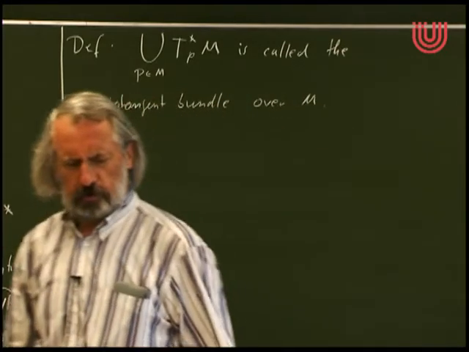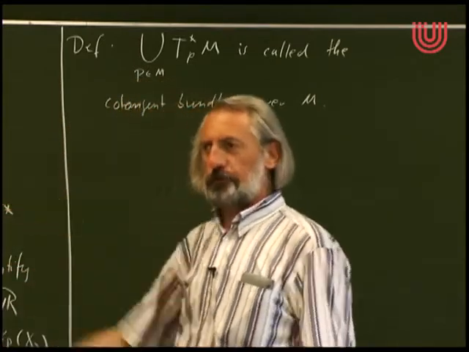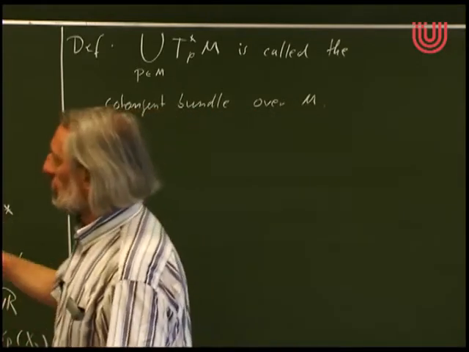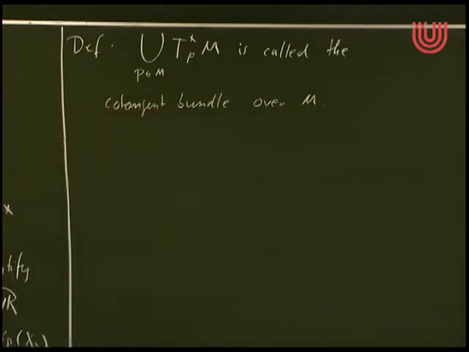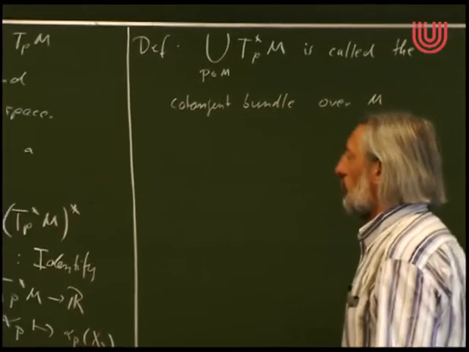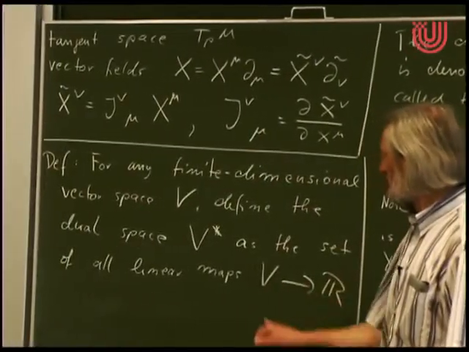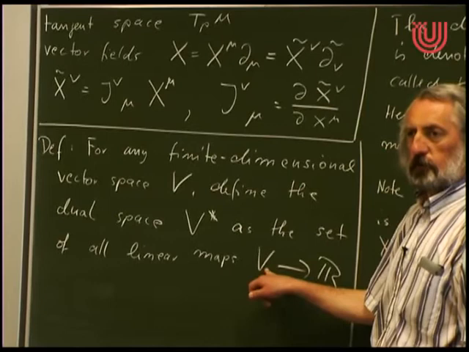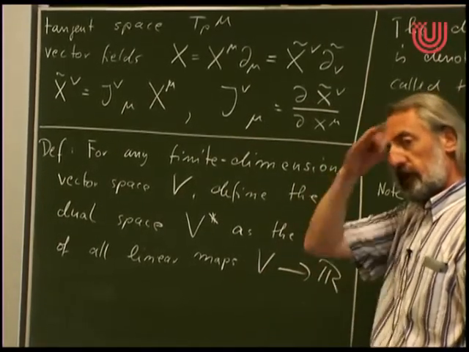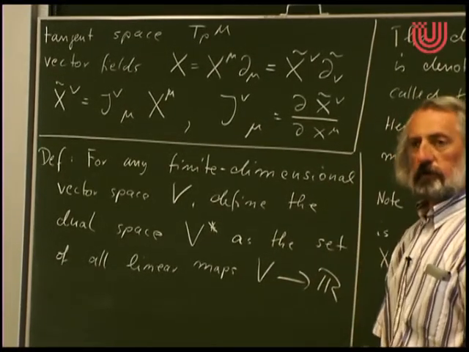Cotangent vectors are not so easy to visualize. Usually we visualize tangent vectors by arrows. Well, a covector is something which is applied to vectors and then gives a real number. So that's not so easy to visualize. One way of visualizing it, you could depict the kernel of the map, the vectors which are mapped onto 0. This would give you a hyperplane. So you could visualize any covector as a hyperplane, meaning the hyperplane on which the covector vanishes.